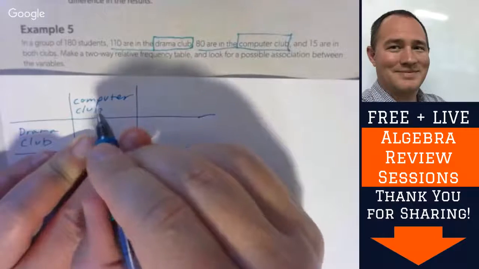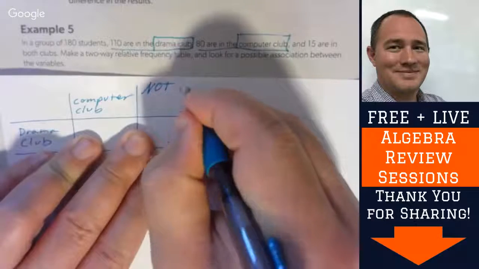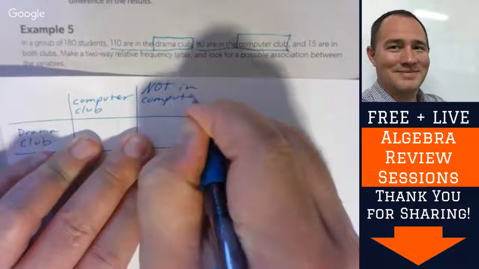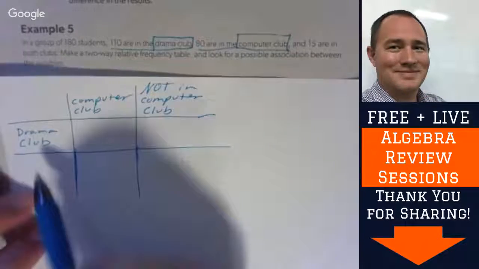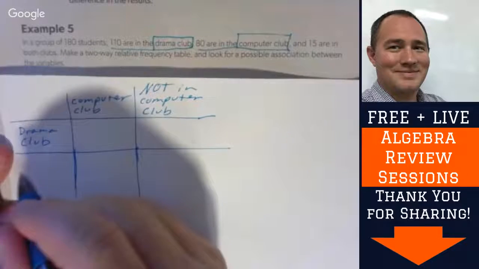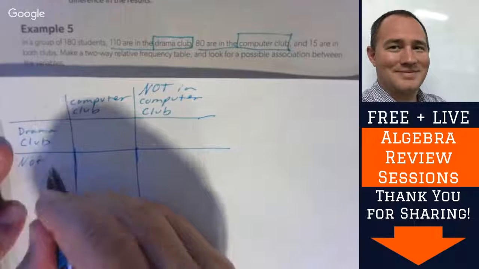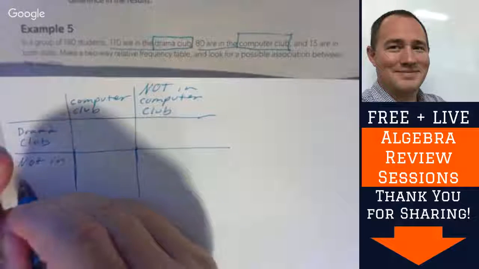So in computer club, not in computer club. So if this is drama club, then the cousin over here would be not in drama club, and it's going to make sense in just a minute.